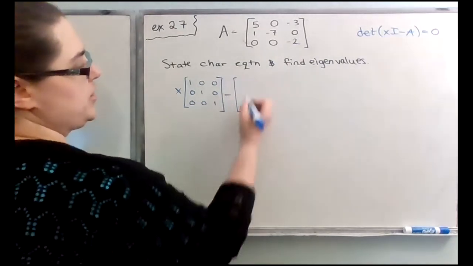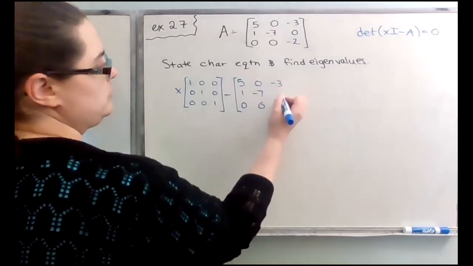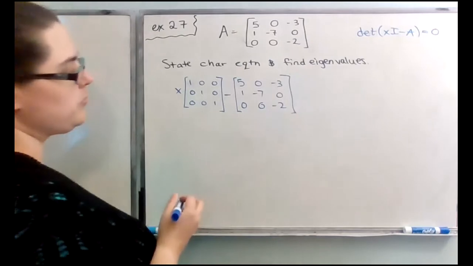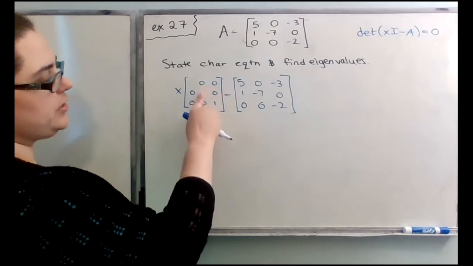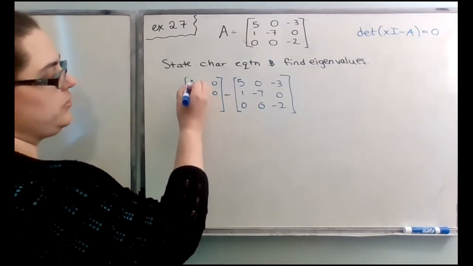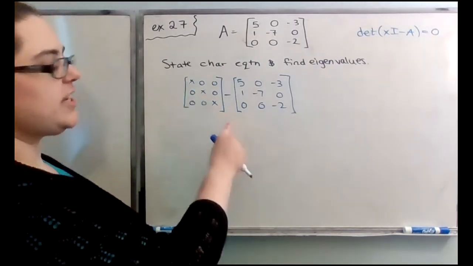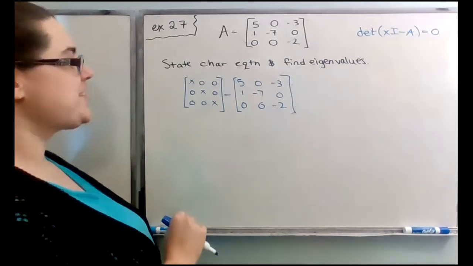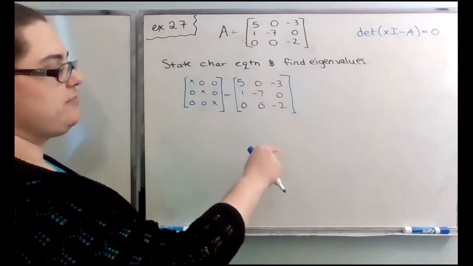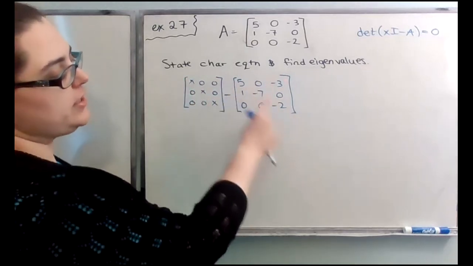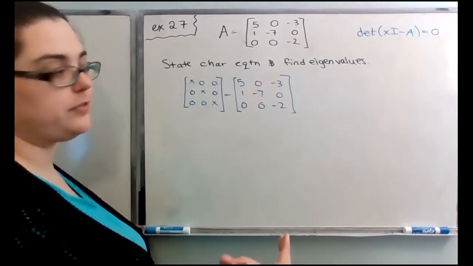And then I subtract the matrix A. When I multiply this by x, the only thing that's going to change is along the diagonal, so I'm just going to take a little shortcut here, writing it that way. Oh, look, I won tic-tac-toe. Yay. Okay, so everything along the diagonal is going to end up with an x in it, and everything else is just going to change its sign because it's being subtracted from 0.